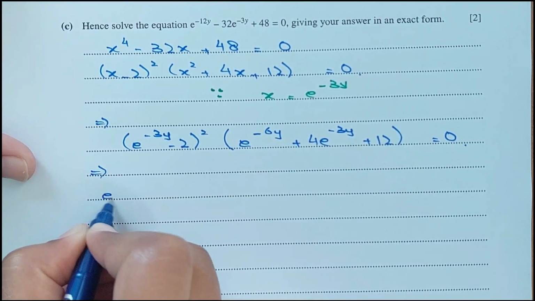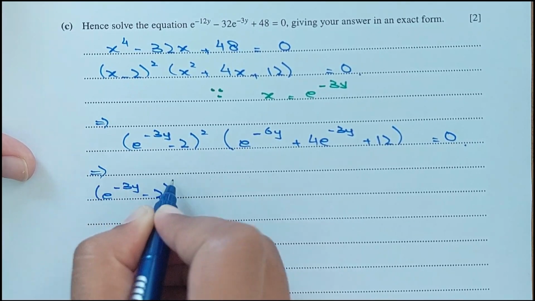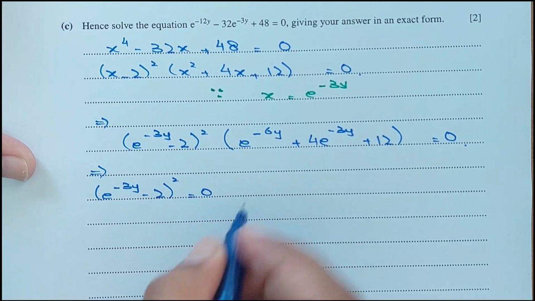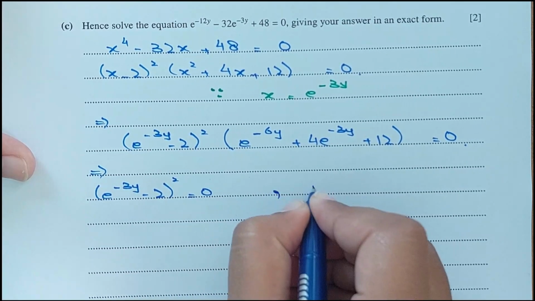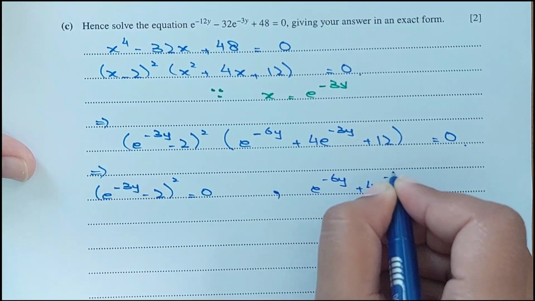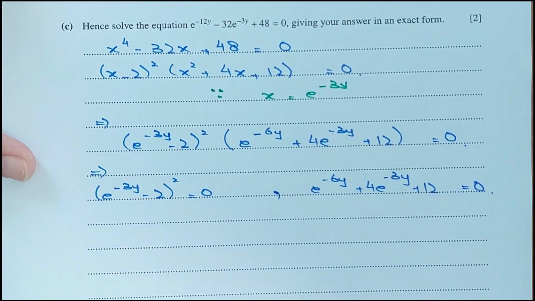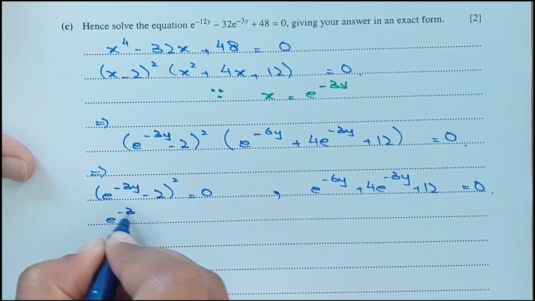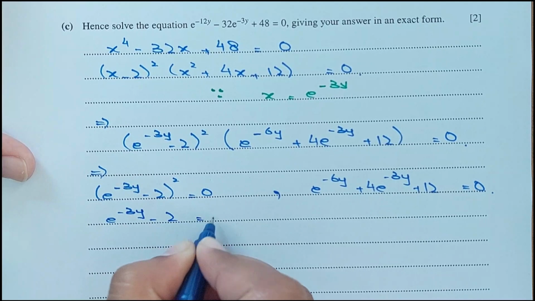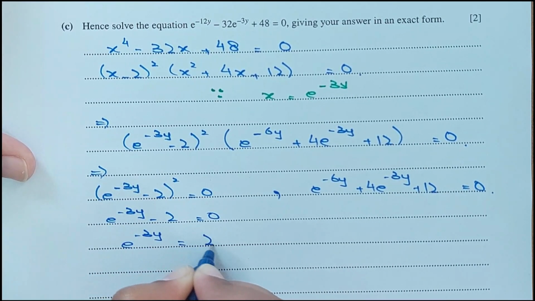We can say e power minus 3y minus 2, this whole square equals 0, and e power minus 6y plus 4 e power minus 3y plus 12, this equals 0. Taking square root on both sides, we have e power minus 3y minus 2 equals 0. Then e power minus 3y equals 2.